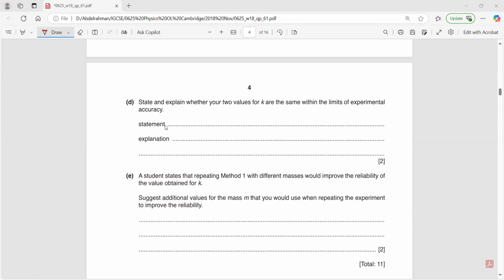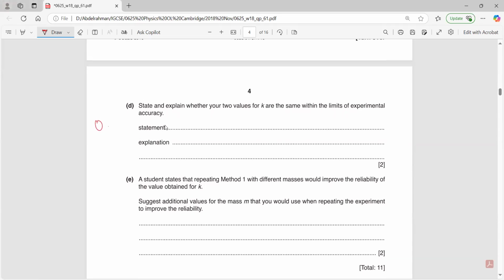The larger number is 0.1, and the two values for k are 0.1 and 0.094. So 0.1 divided by 0.094, on your calculator, is 1.06, which means this is a 6% difference.